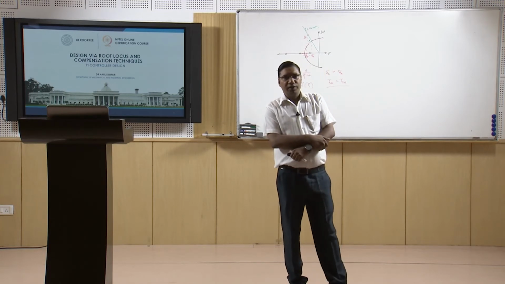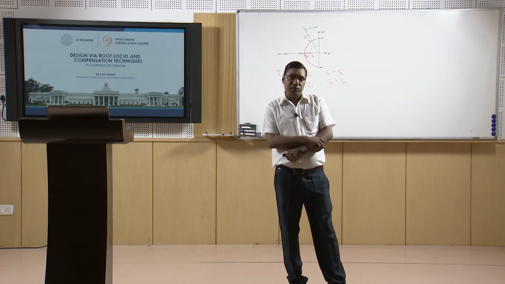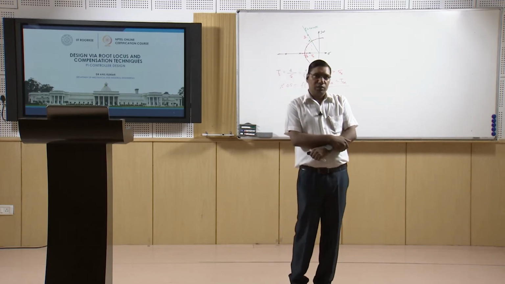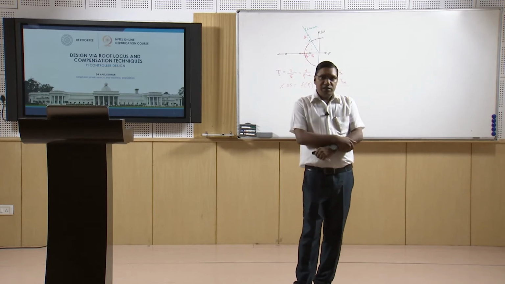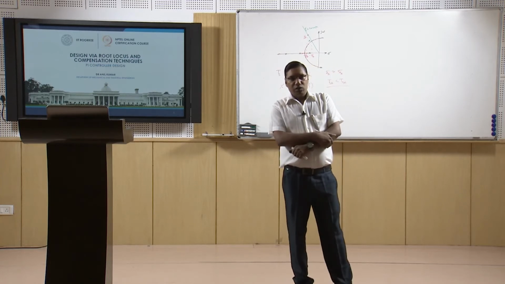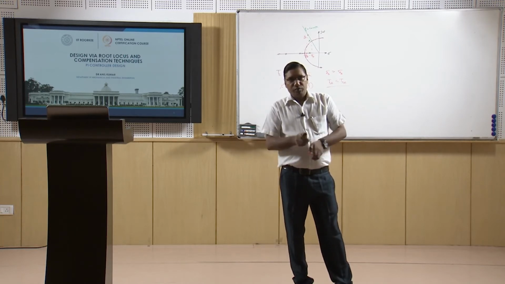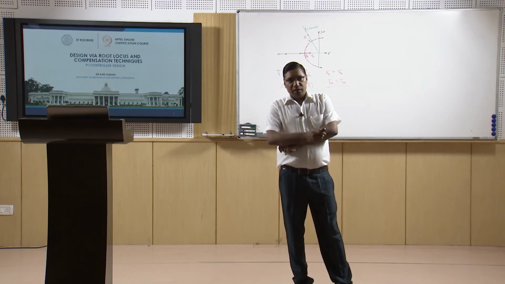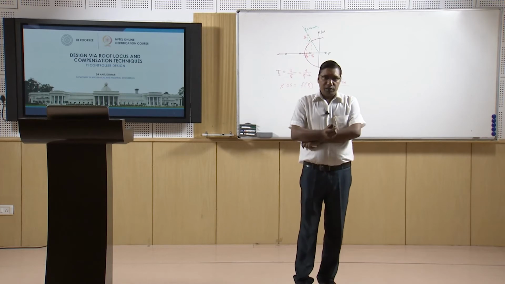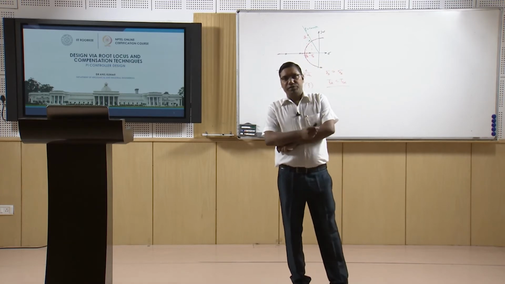For example, we add amplifiers, some integrator, or some differentiator circuit. So these need some external power. So they are active circuits, and therefore we call them ideal compensators because they give us very accurate results.